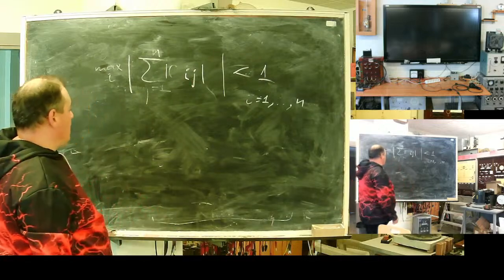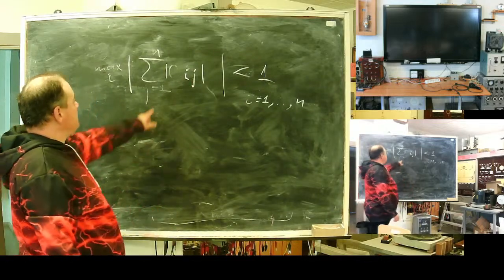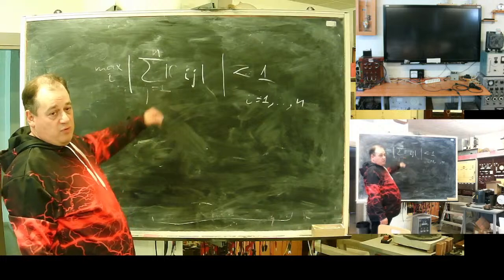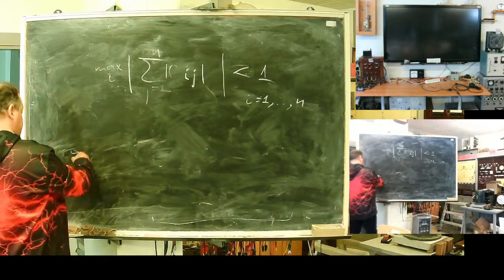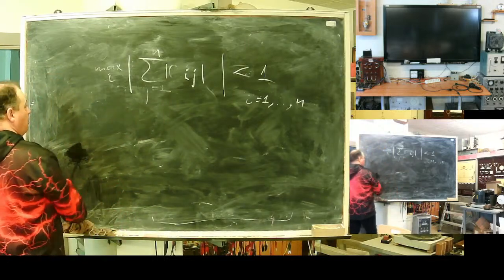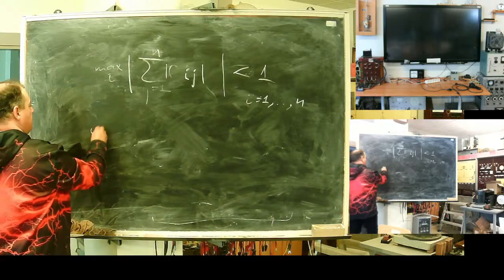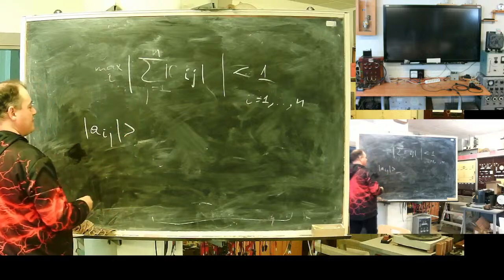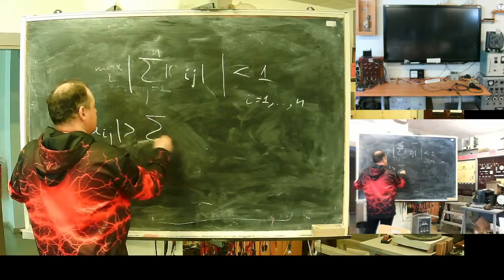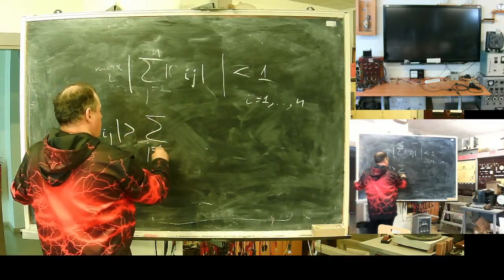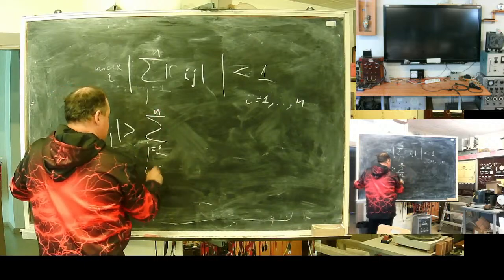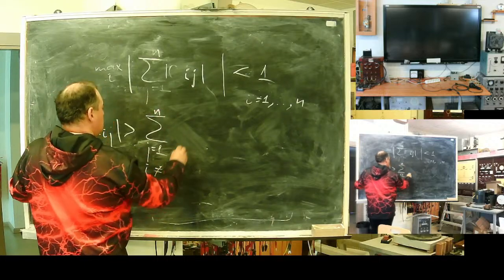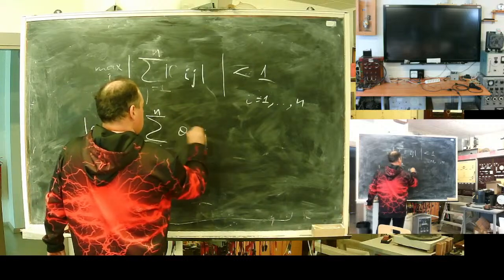This leads us, this is so easy, this is solvable. This means what? For each row, the sum should be less when I changes from 1 to n, except I equals j, a_ij.